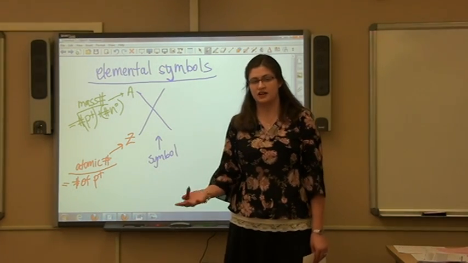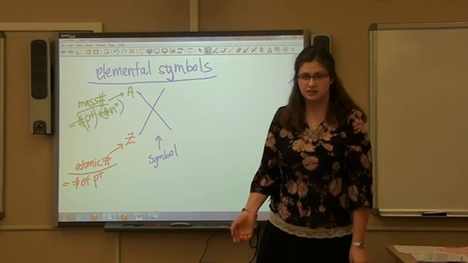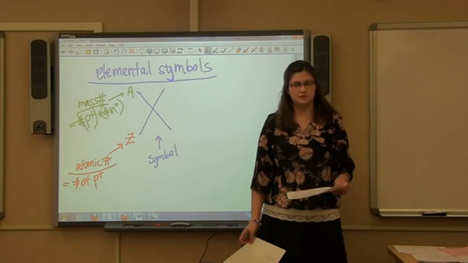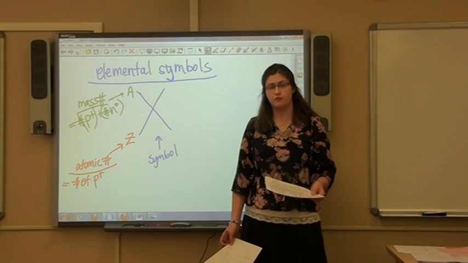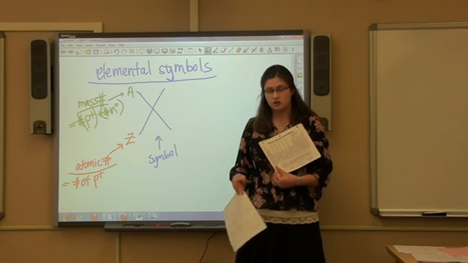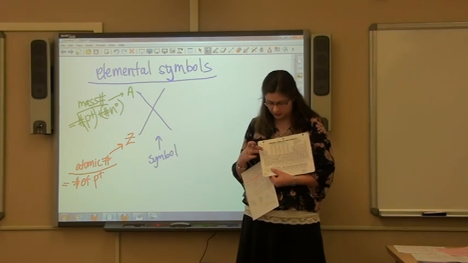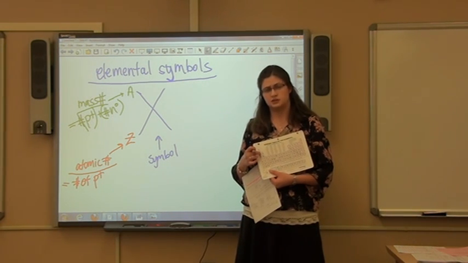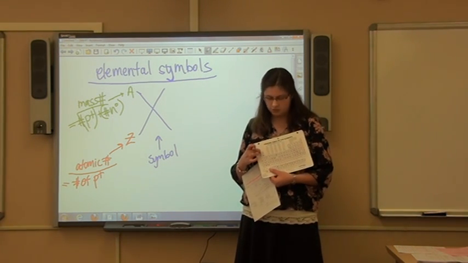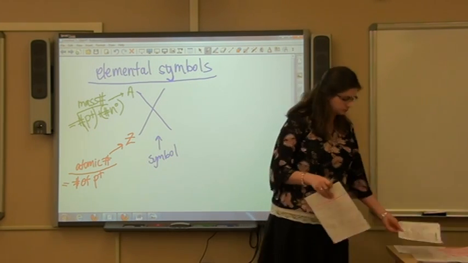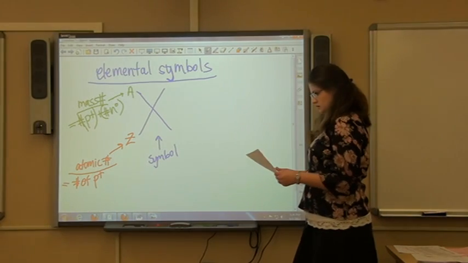So just by identifying how many protons you have, you can identify your element. If I asked you to find the element on your periodic table that has 4 protons, all you'd have to do is look at the upper left corner of your periodic table. Those big numbers are the number of protons that each atom has. So element number 4, the element that has 4 protons is beryllium, Be.